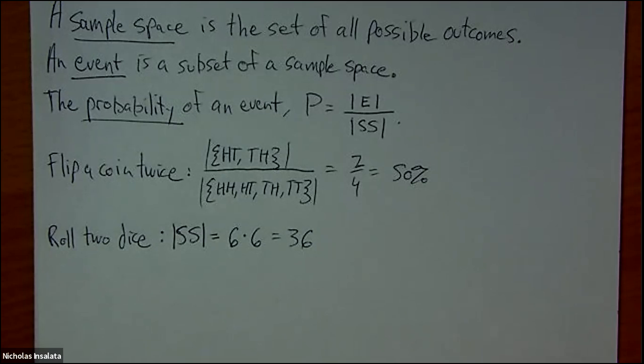Okay, so for each way of getting an outcome with the first die, there's 6 ways to get a second outcome. Yeah, good. So if you roll a 1 on the first die, then there's 6 things you can get on the second die. Sorry, I said dice. Dice is plural, die is singular. If you're rolling 1 thing, you're rolling a die. If you're rolling 2 or more, then you're rolling dice.